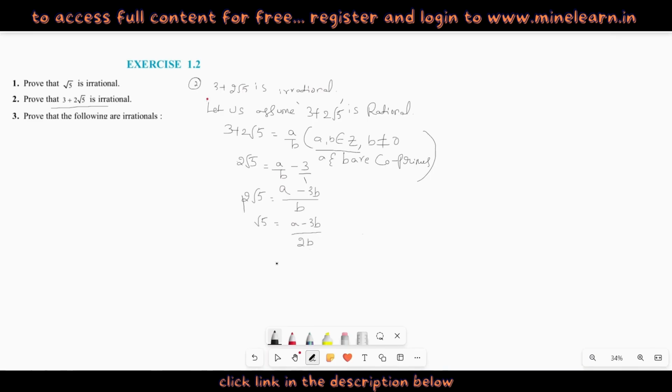In the right hand side, this is the left hand side. In RHS, a and b are integers, so RHS is rational.